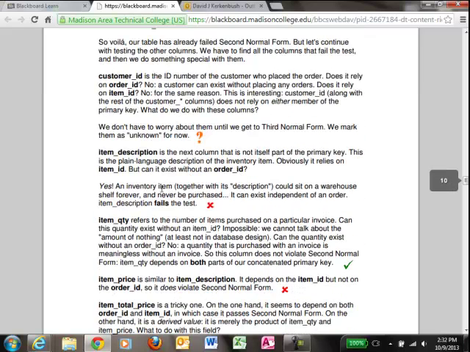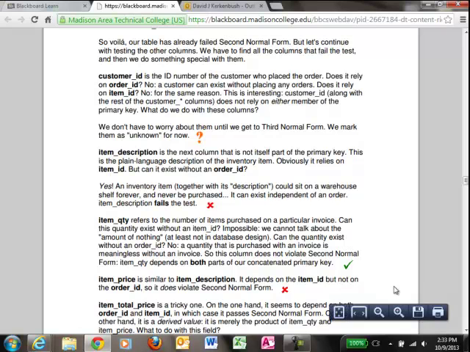Moving on, item description is really just dependent upon item ID, so that would get a red X because it's only dependent on part of the primary key. Item quantity now, that's an interesting field. Item quantity refers to the number of items purchased on a particular invoice. So this field really is dependent on both parts of the primary key, both the order number and the item number.